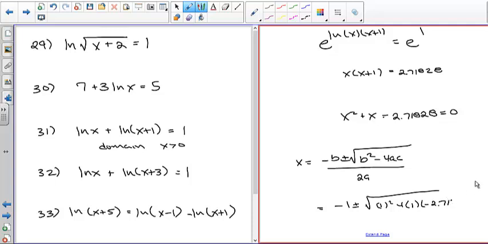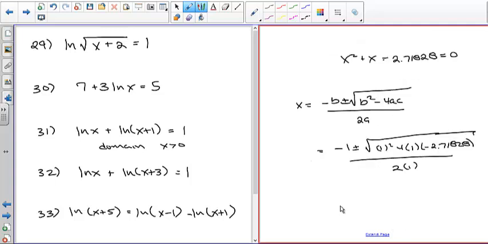I think I got that written wrong. E to the 1 power, 2.71828. Oh, that's right. 2.71828, all divided by 2a.